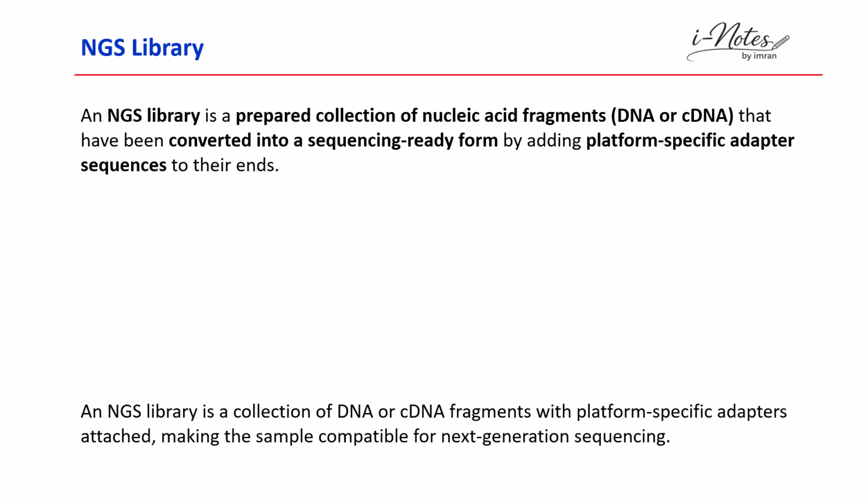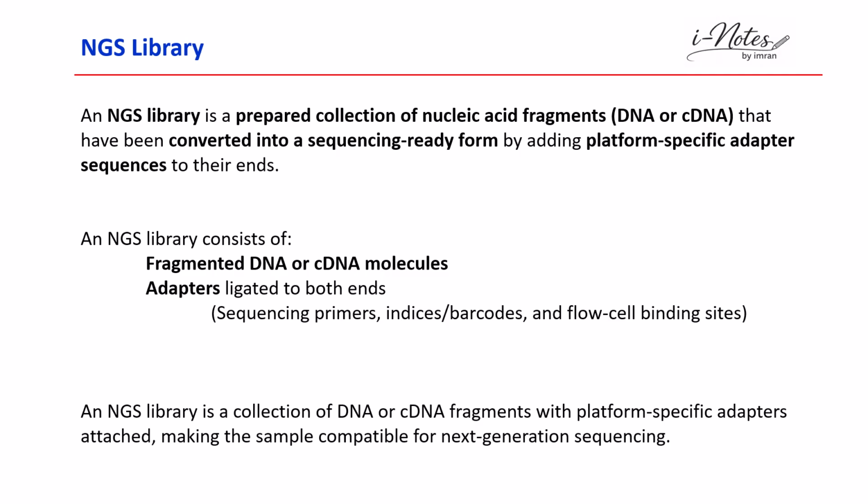So basically it's smaller DNA fragments obtained from complex genomic DNA, and it should have adapters ligated to both the ends. Adapters have different components like the sequencing primer, indexes, and also the flow cell binding sites.